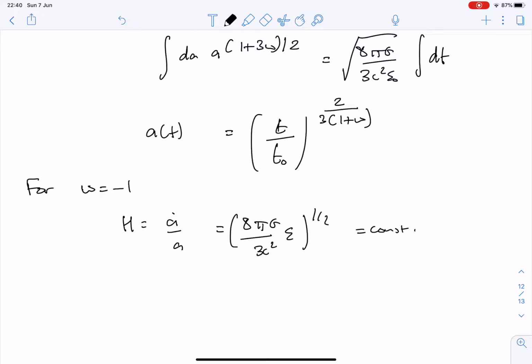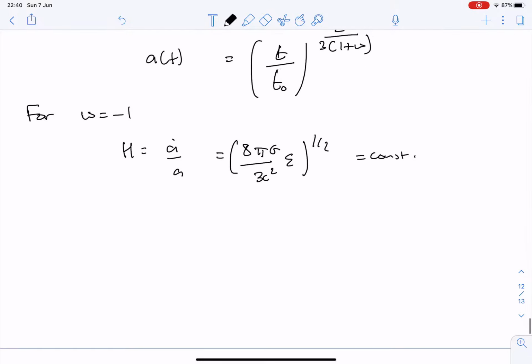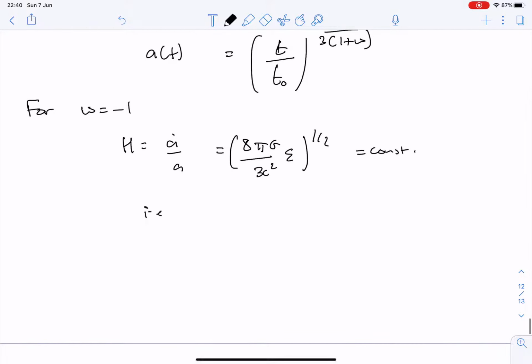So this is the integral of da/a, i.e. the integral of da over a is equal to (8πGε/3c²)^(1/2) times the integral of dt.